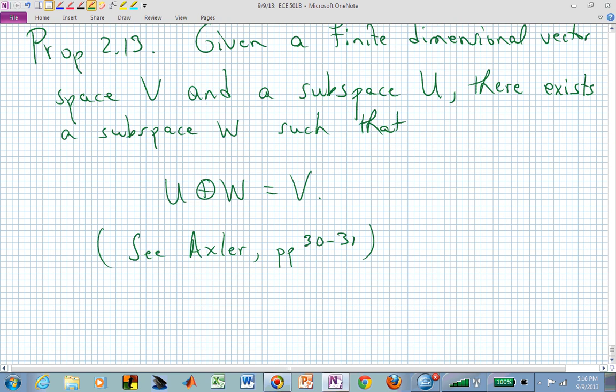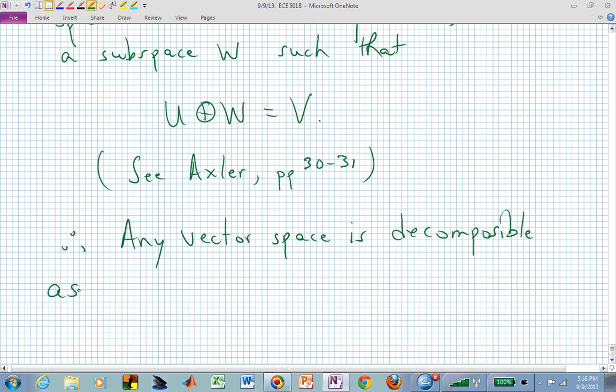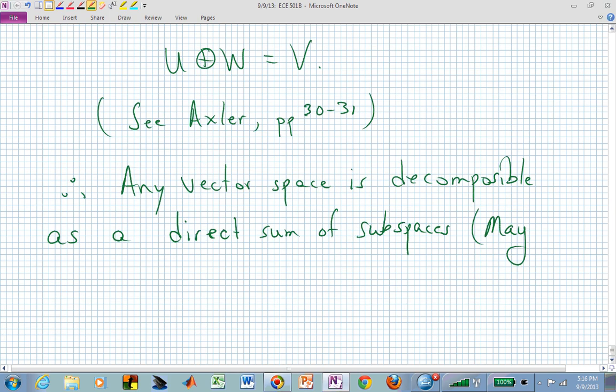But what that really says is that any vector space is decomposable as a direct sum of subspaces. And if you're always at a loss, how do I do that?